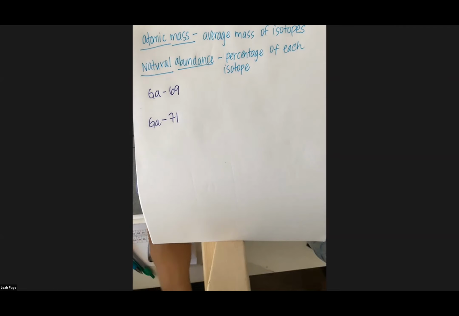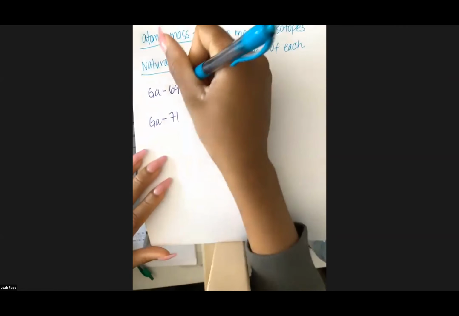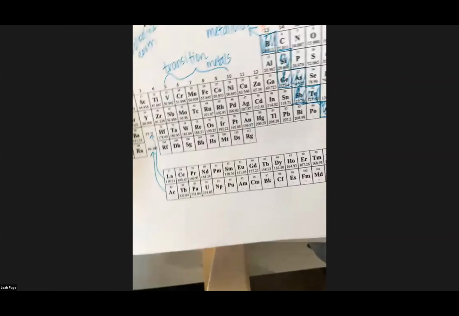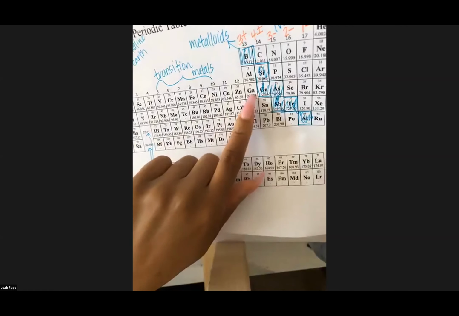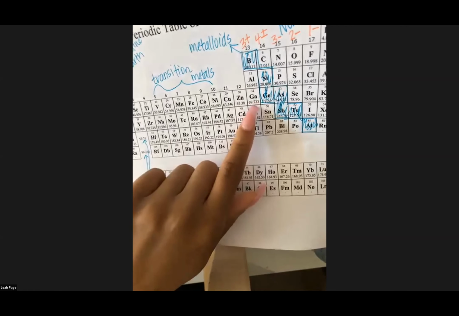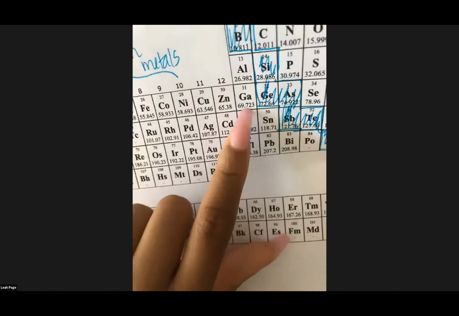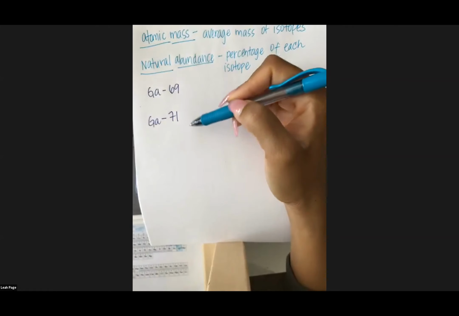Let me show you. Gallium's right here on the periodic table, and you see that its average atomic mass is 69.723.